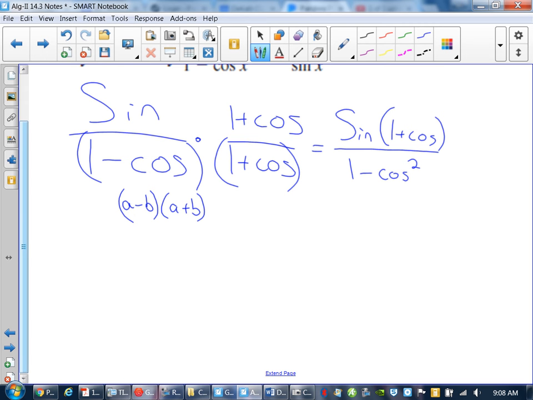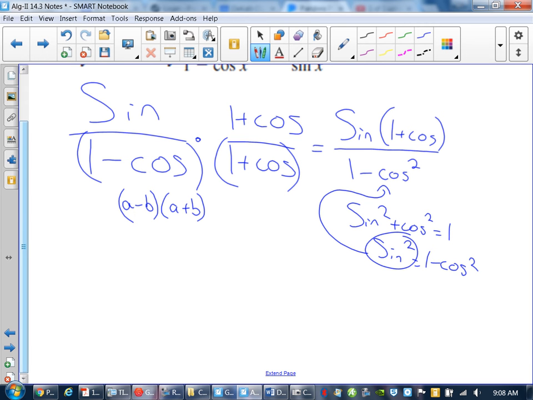Now in that denominator, notice what you just created. 1 minus cosine squared is equal to what? It's sine squared. You created a Pythagorean identity because we know that sine squared plus cosine squared is 1. So I can put that there.